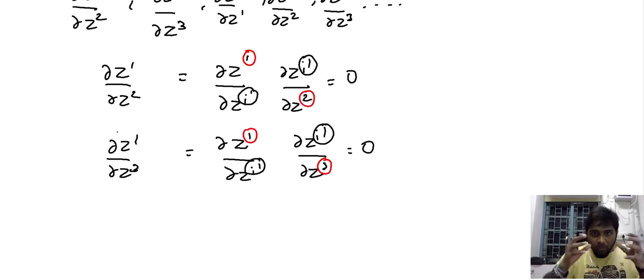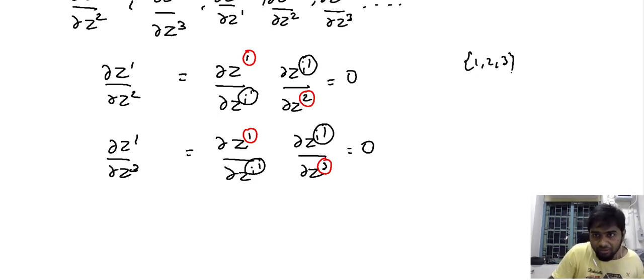However, both these indices, i and i prime, range over the values 1, 2 and 3, and again the indices in red demand separate expressions, whereas the indices encircled in black indicate the summation.